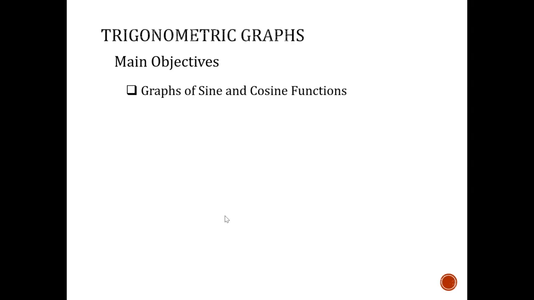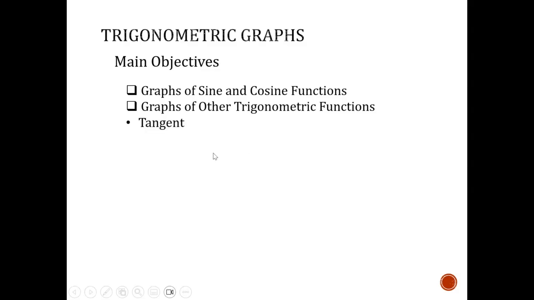So more than half of the workshop will be on graphing these two graphs, the sine and cosine. Today's objectives are graphs of sine and cosine functions and graphs of other trig functions such as tangent, cotangent, cosecant and secant.